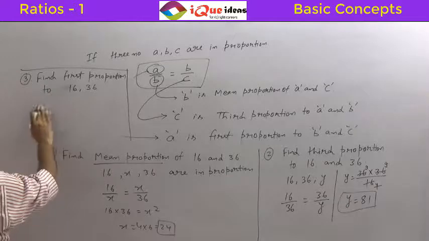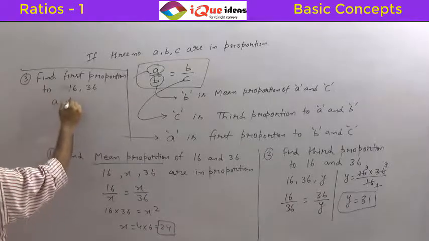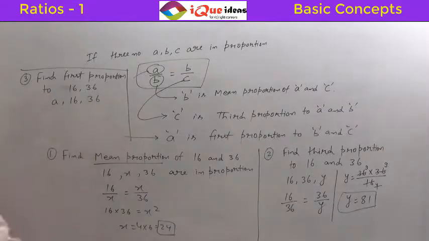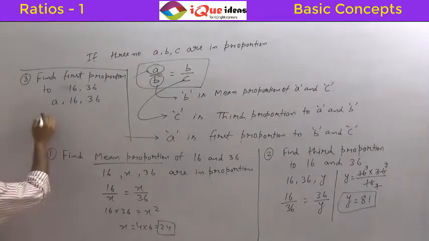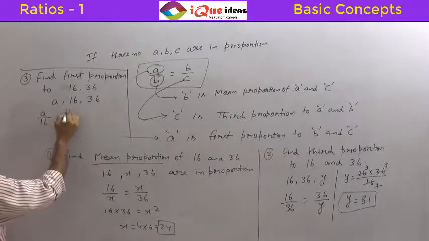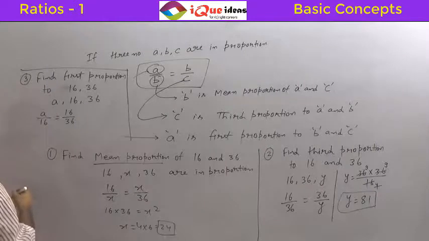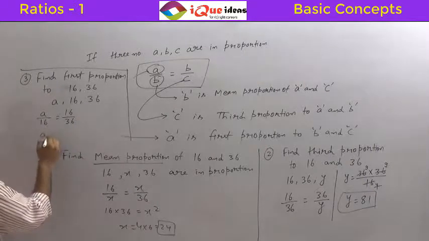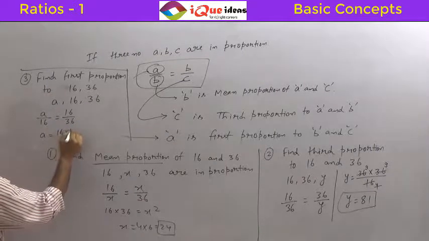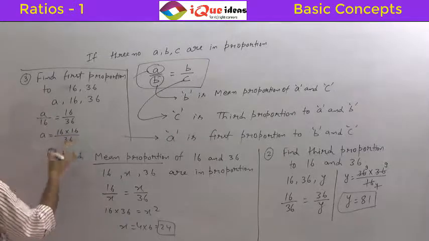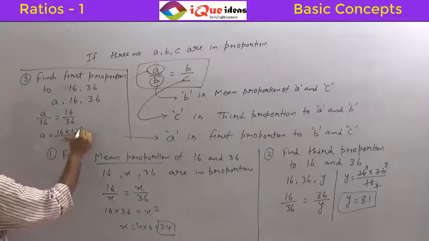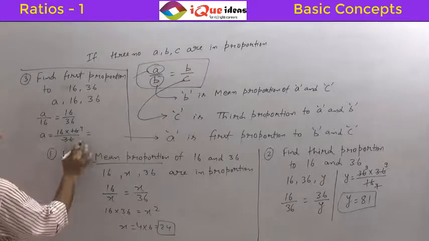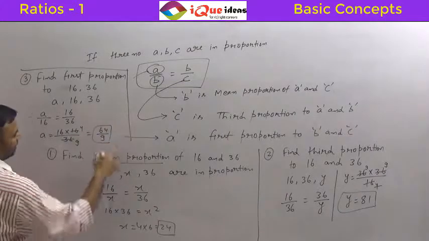How do we go about it? We say A, 16, 36 are in proportion. So we say A upon 16 is equal to 16 upon 36. So from here we get A is equal to 16 into 16 by 36. If any cancellation is possible, do it. So it is 64 by 9. So A's value is 64 by 9.